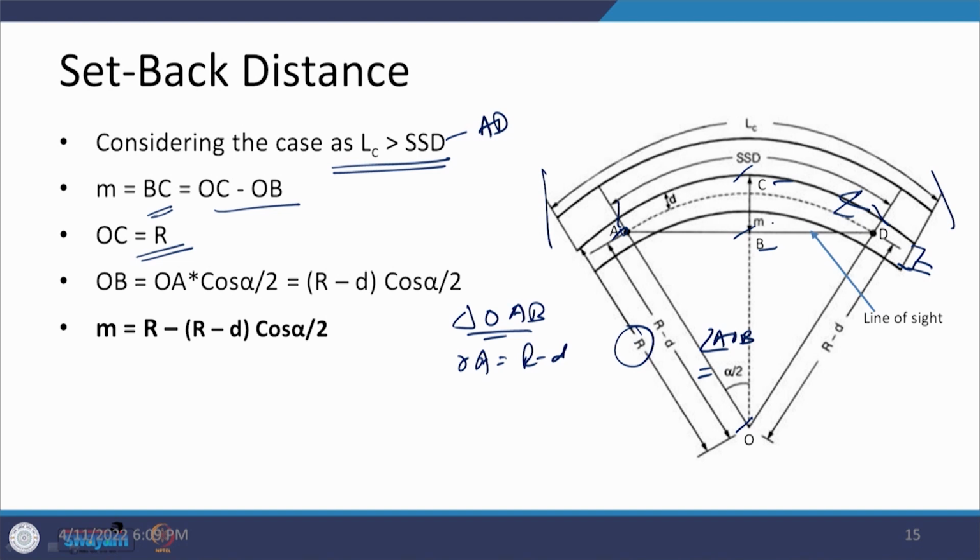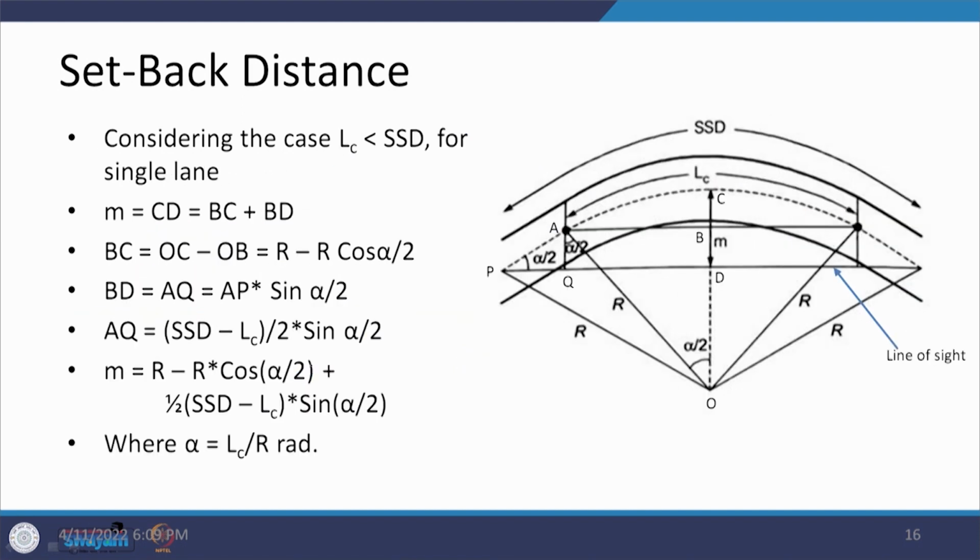So, if we have to calculate OB, then OB is nothing but OA cos alpha by 2, and therefore, it is R minus D into cos alpha by 2, and together it becomes M equals R minus (R minus D) cos of alpha by 2 as the setback distance for this case of a 2-lane 2-way road with the length more than SSD.